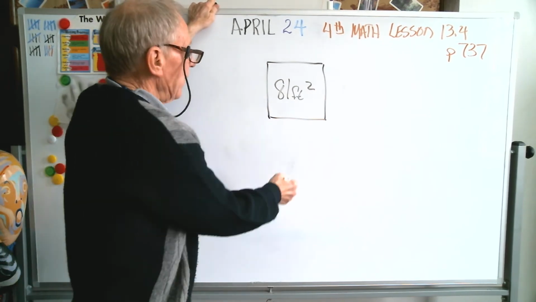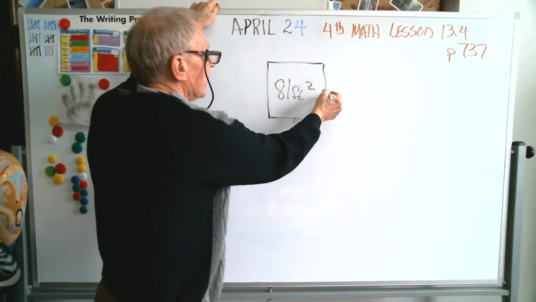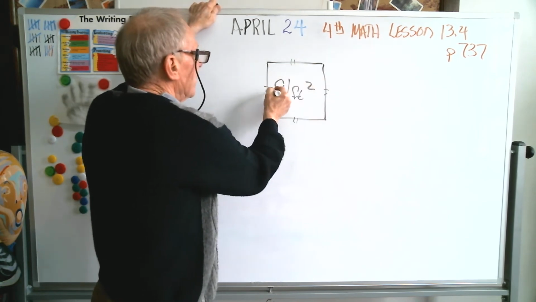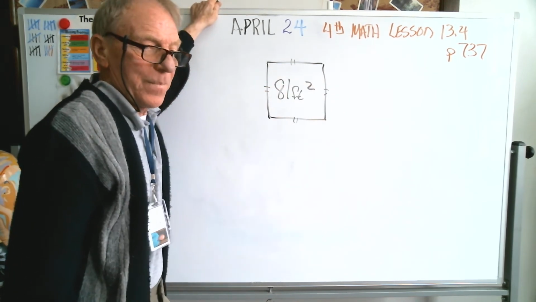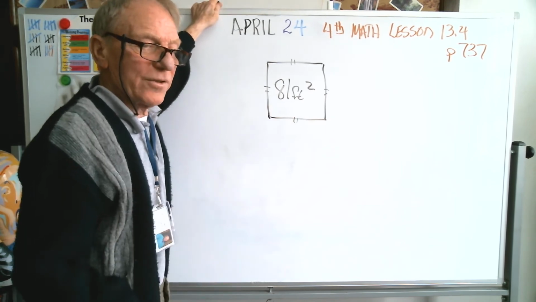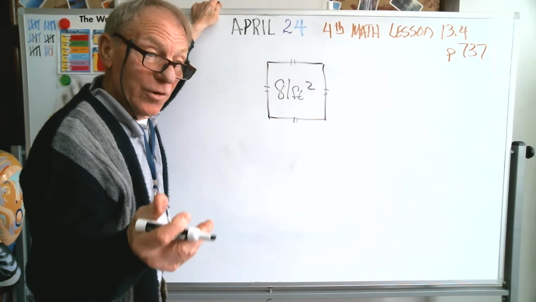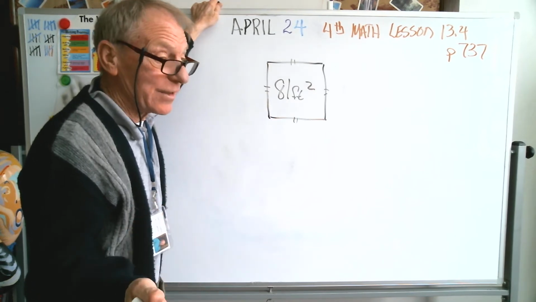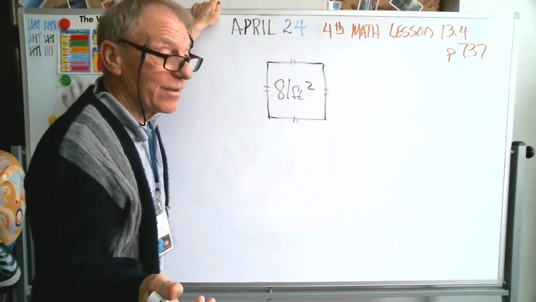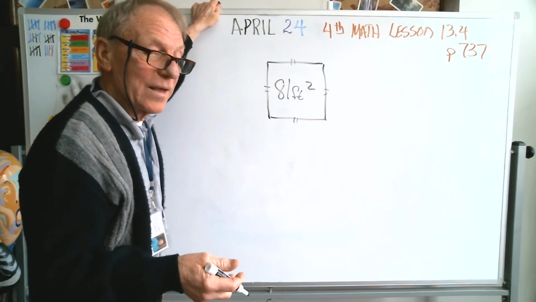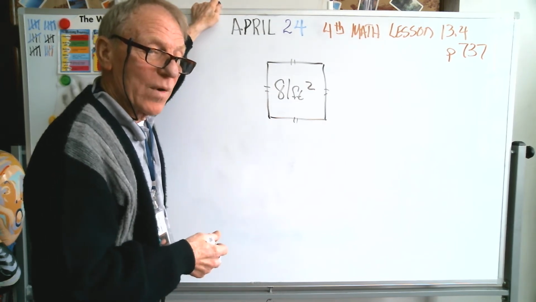We know that all sides of the square are the same dimension. So what times what? And it's going to be the same number because the sides are all the same length. What times what will equal 81?